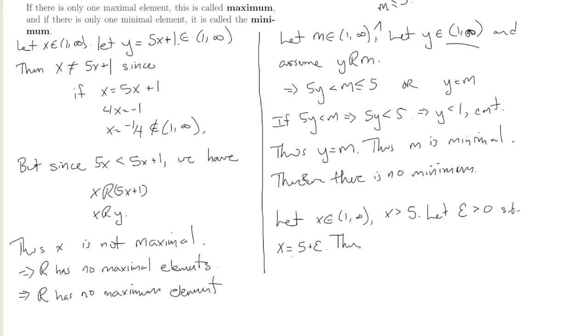Then, if I take x divided by 5, it's certainly small enough. X divided by 5 is 5 plus epsilon divided by 5, which is 1 plus epsilon over 5. And that number is certainly in the interval from 1 to infinity.